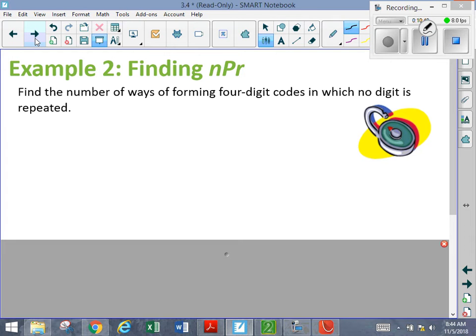So that means n, my bigger number, is how many different numbers I have to choose from. And r is how many I need to arrange.